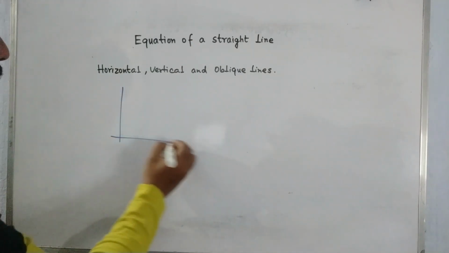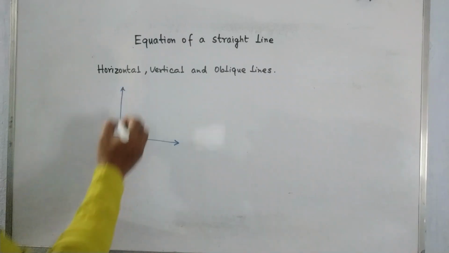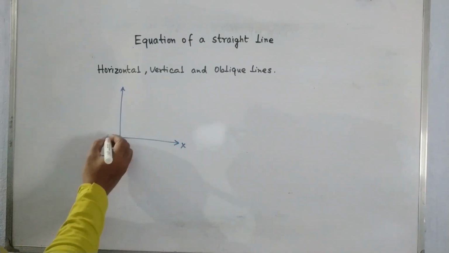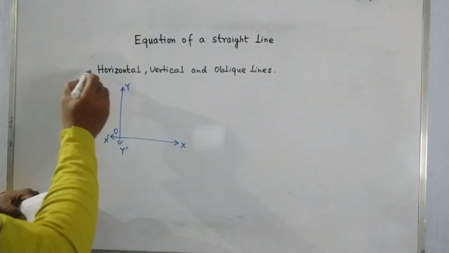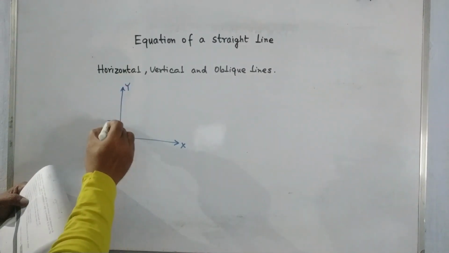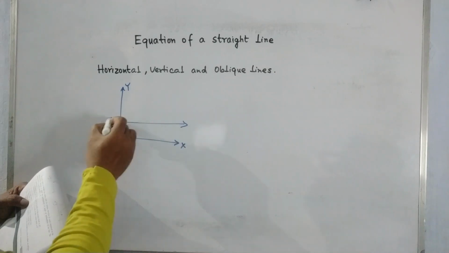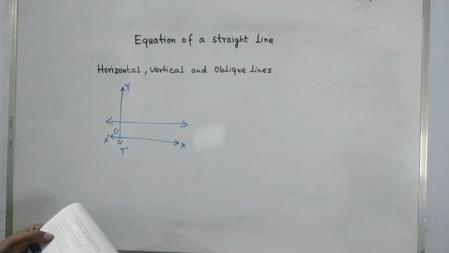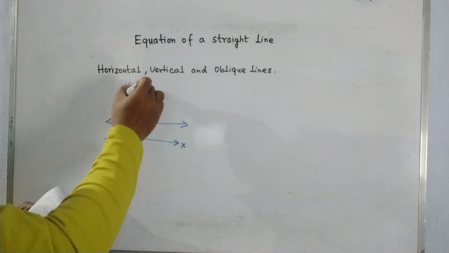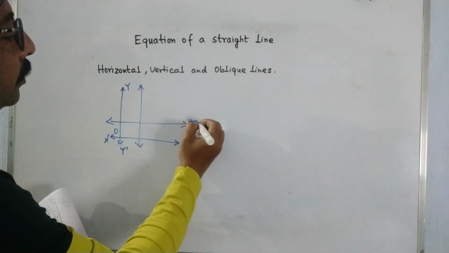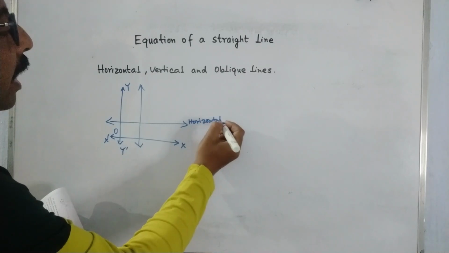Now you can see the horizontal, vertical and oblique lines. For example, we are drawing the coordinate axes x, x dash, y, y dash. Parallel to the x-axis is called a horizontal line.